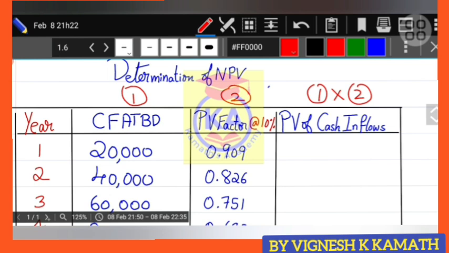Let's multiply. 20,000 into 0.909, that is 18,180. Next, for the second year, 40,000 into 0.826, that is 33,040.